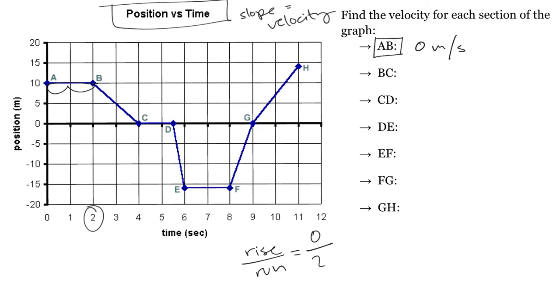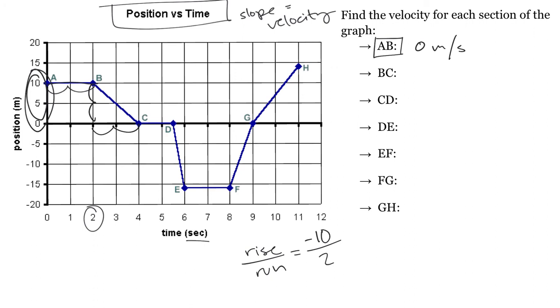But let's go look at BC. So for BC, I gotta erase my previous rise over run real quick. Okay, for BC, your rise is down 2 spaces, but you can't put -2 because your 2 spaces actually represents 10 meters, okay? So your rise is down or negative 10 meters, and then your run from B to C is 2, and that is 2 seconds.